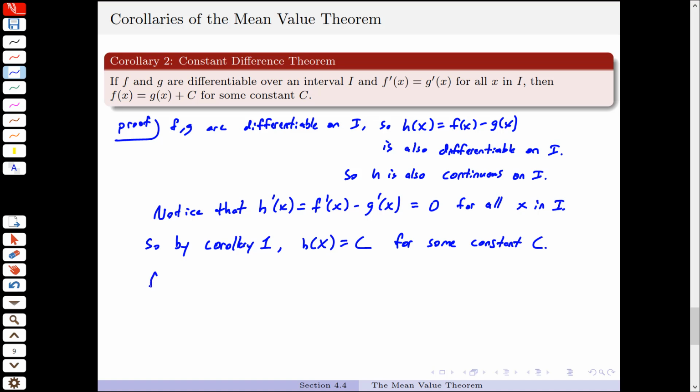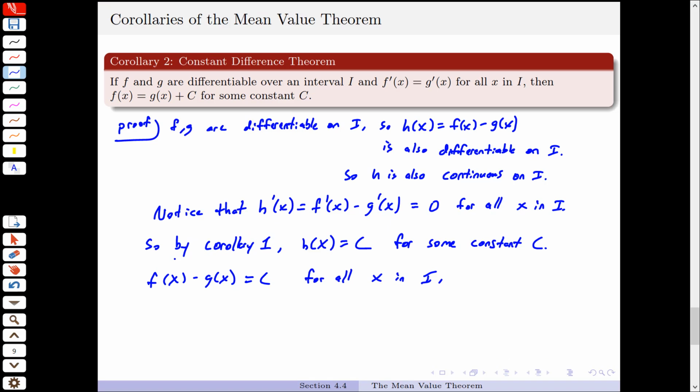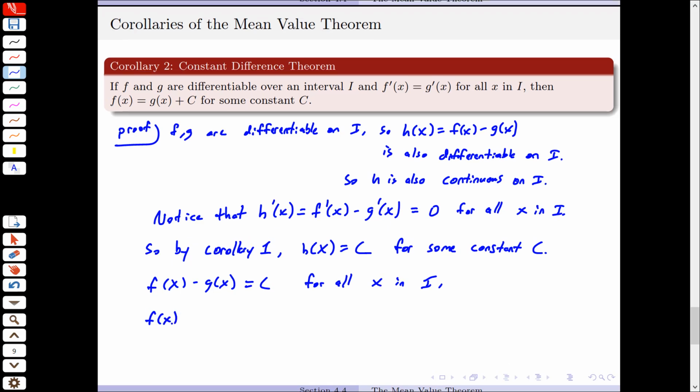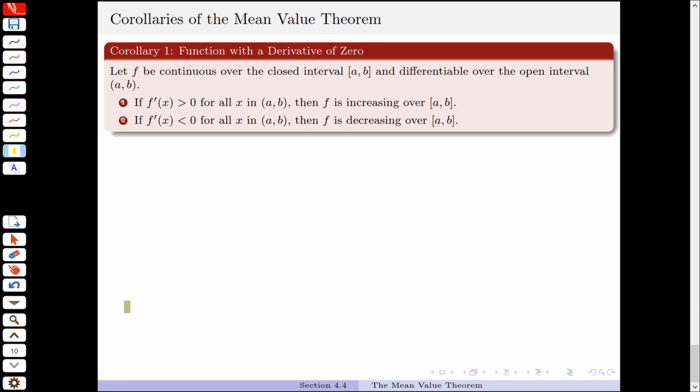Then f of x minus g of x equals c. So that means f of x is g of x plus c for all x in I. And that's exactly the statement that we wanted to prove. So we're done.